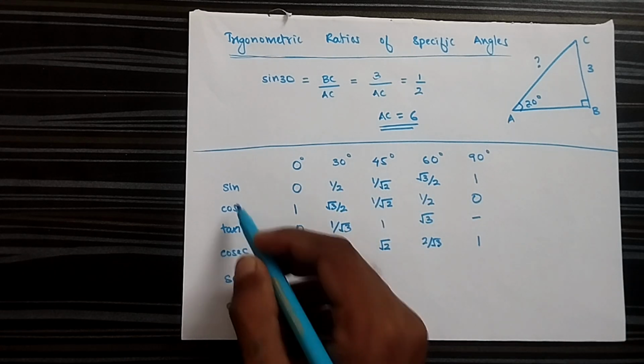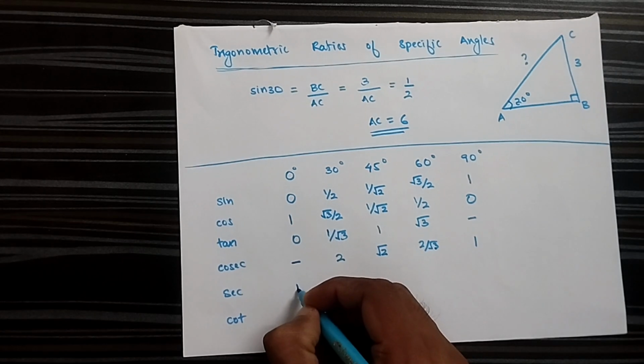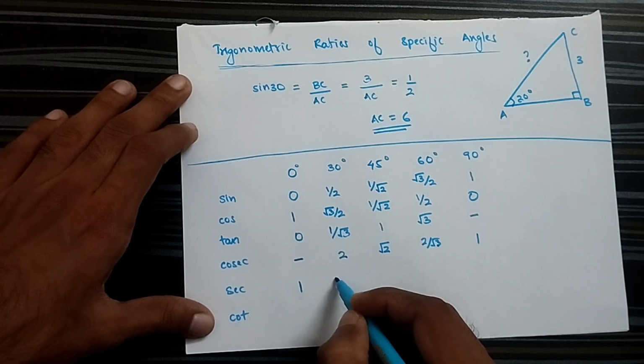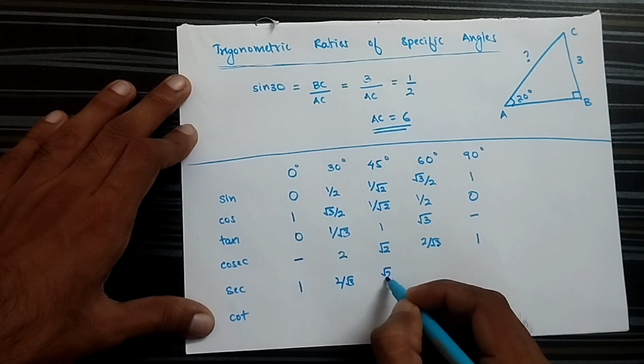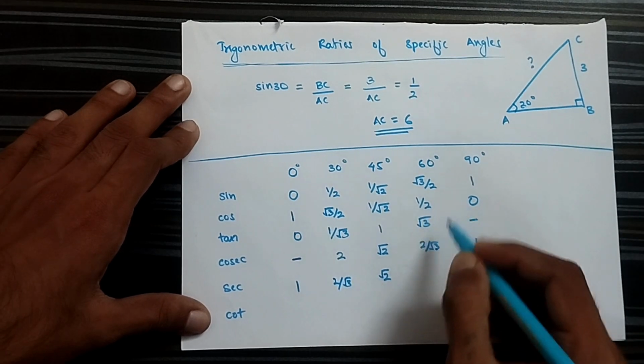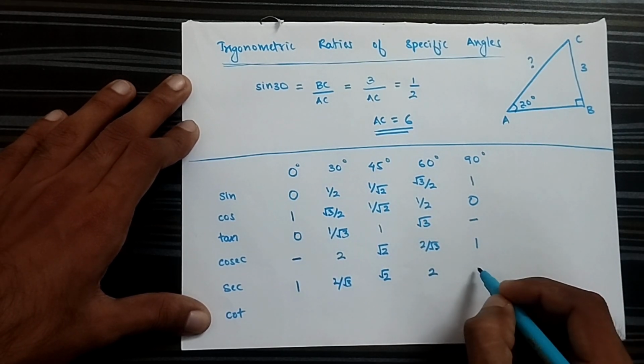We can do the same for sec and cosine. So 1 by 1 is 1. 1 by root 3 by 2 is 2 by root 3. 1 by 1 by root 2 is root 2 itself. 1 by 1 by 2 would be 2, and 1 by 0 here would be undefined.